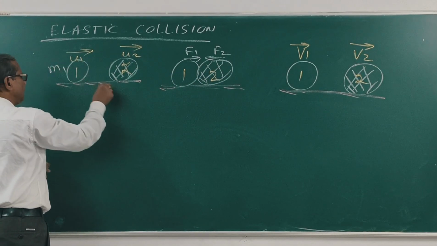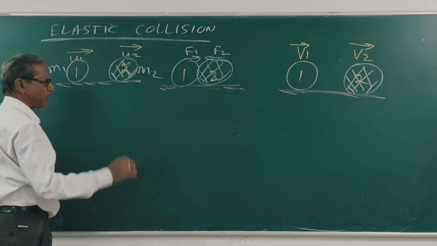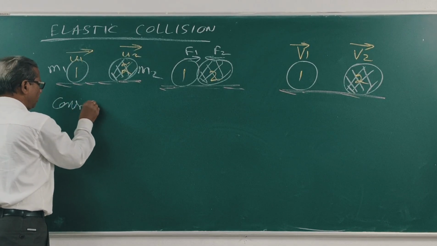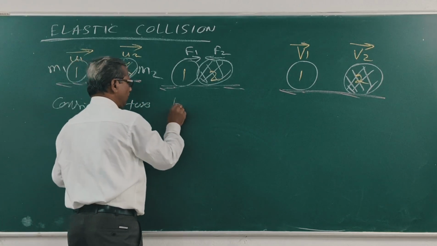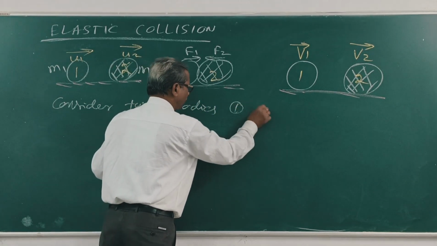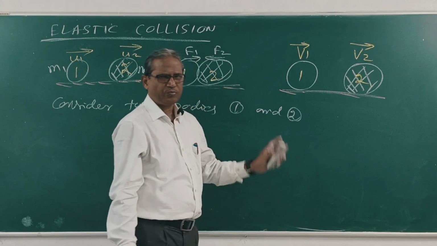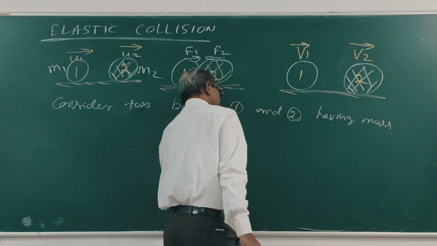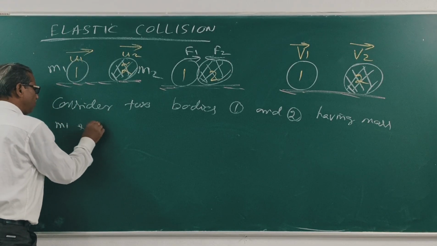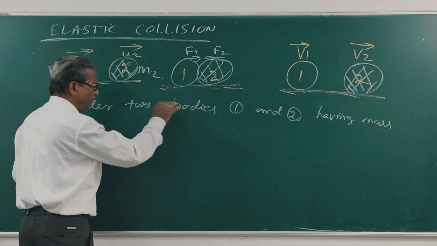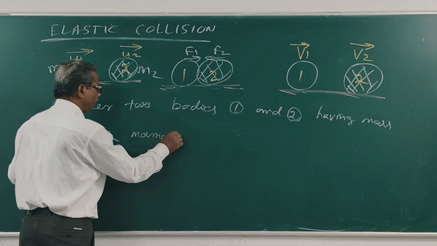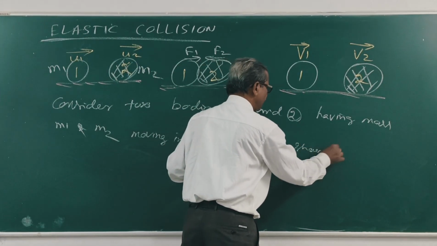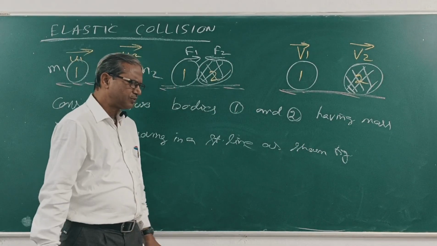This is mass m1, this is mass m2. Consider two bodies, 1 and 2, having masses m1 and m2, moving in a straight line as shown in the figure.